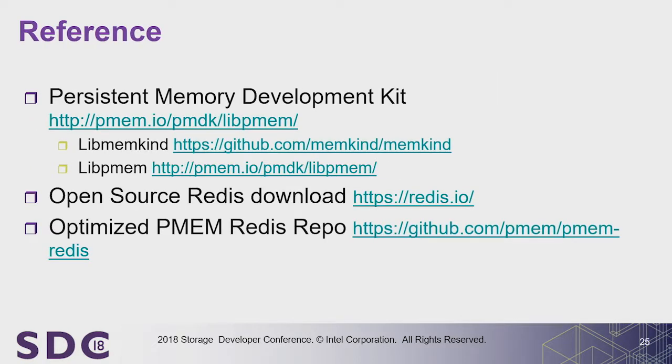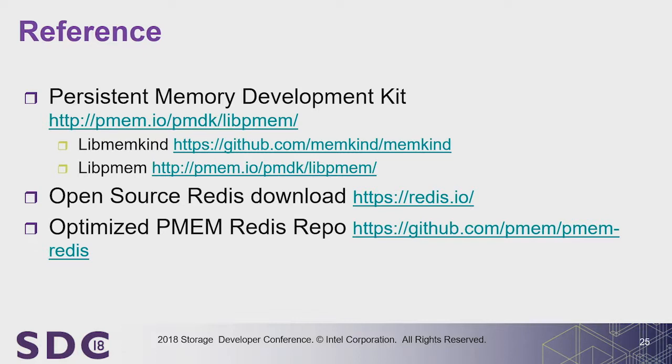So this is the reference where you can find the resources. The PMDK is always what we want to recommend, right? We generally use libpmem in the background, in the very bottom layer. We didn't use libpmemobj as we mentioned before, but libpmem is a very good reference to adopt. And libmemkind is the one we treat as the malloc used in persistent memory.